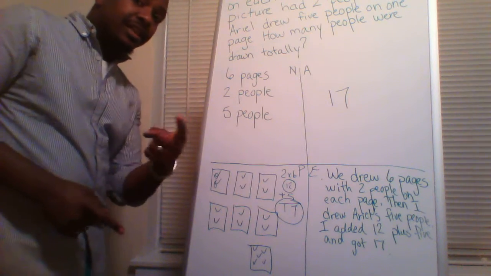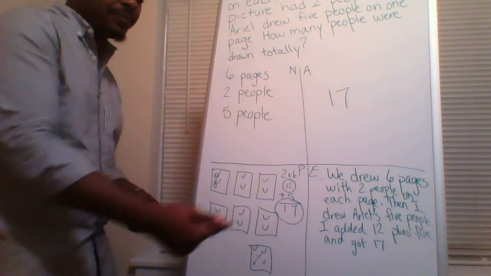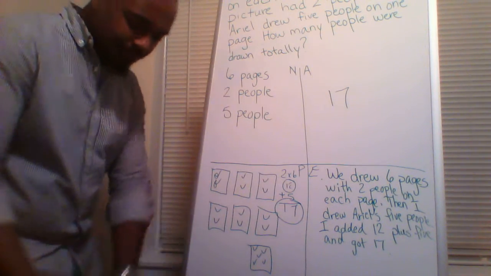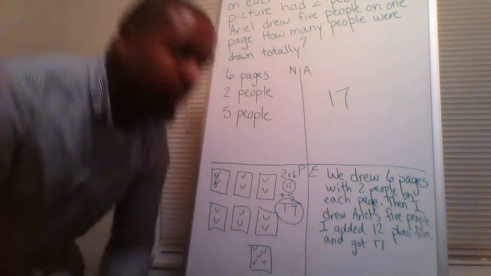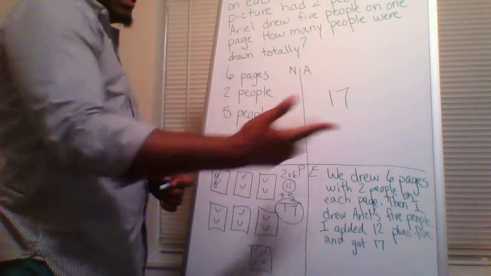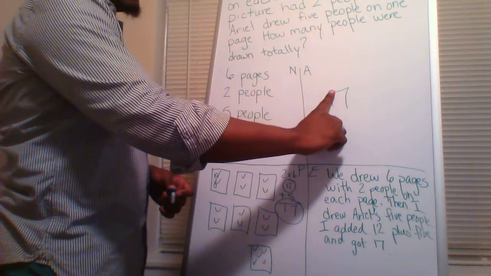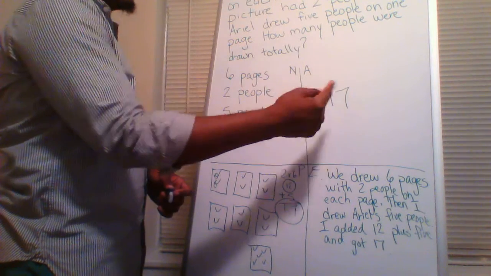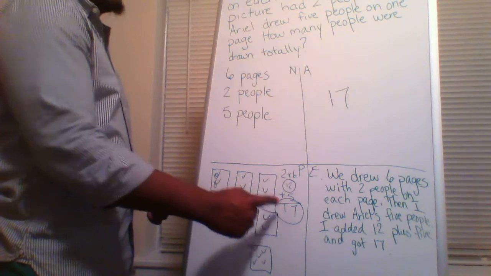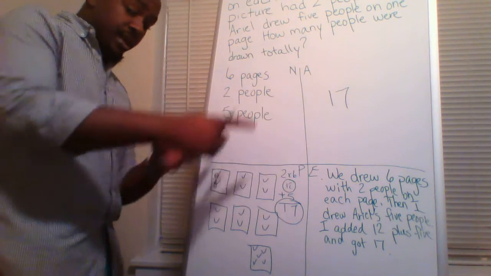Remember, I can look at your picture, even if you wrote the incorrect answer, and clarify what they were thinking, what was going on in their mind. Maybe you just forgot one day and you just put 7 instead of 17. If I saw it down here, I would know at least you had the right thinking. It was there, it was in the picture, but maybe you just made a mistake transferring that information.